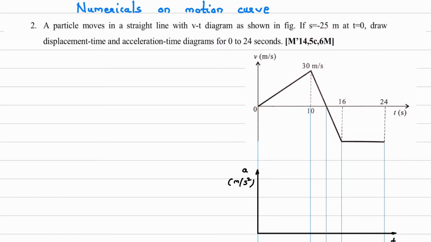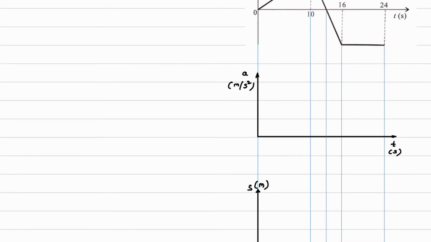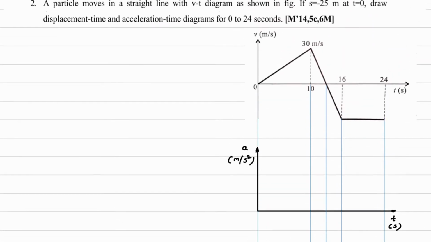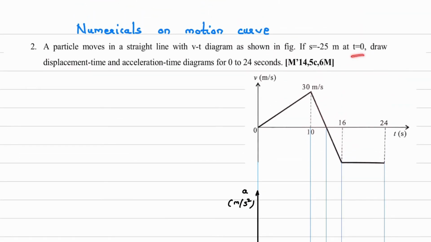This is the Vt diagram, from there we draw the AT diagram, and using that we draw the ST diagram. In the ST diagram, when t is 0, s is minus 25, so that point will be over here. So when t is 0, s is minus 25 meter.